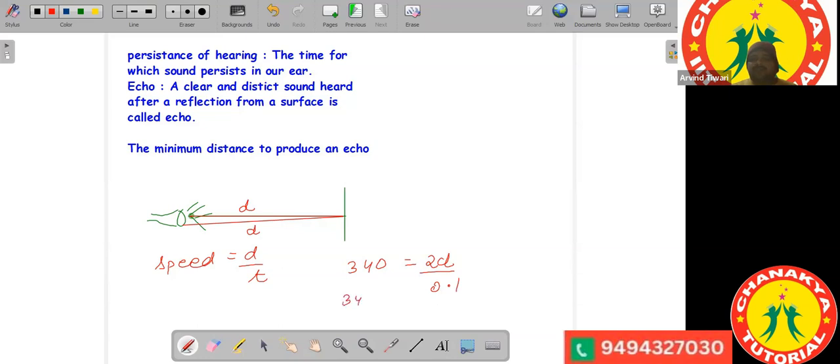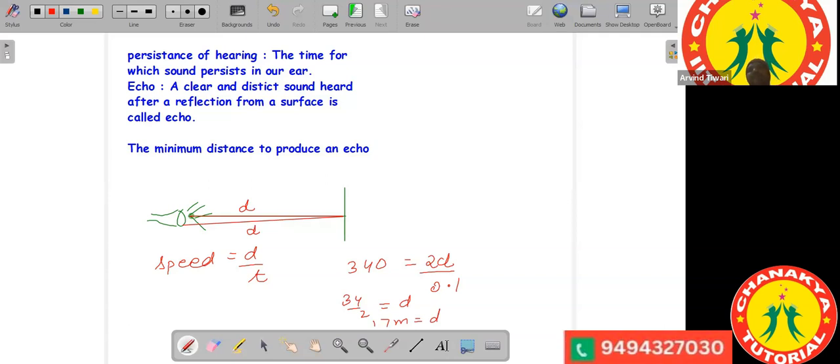You will get 34 divided by 2, which will be equal to 17 meters. So the minimum distance that is required for a person to hear the echo will be 17 meters.